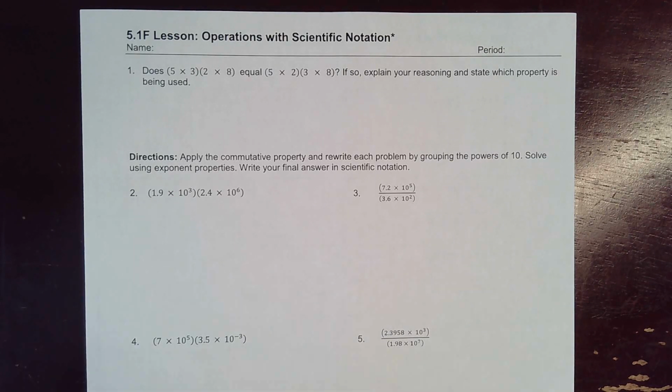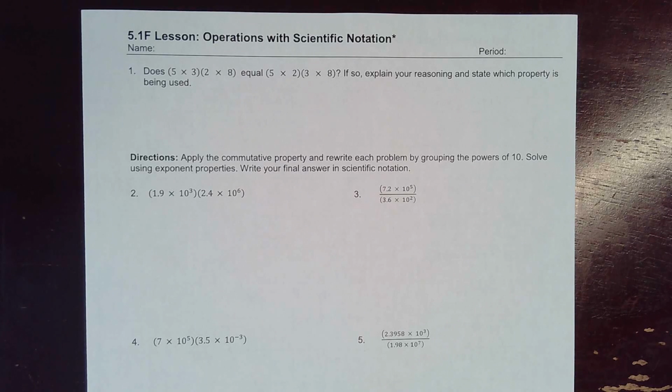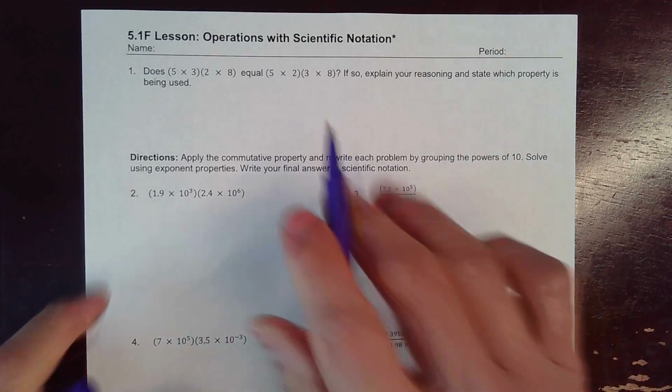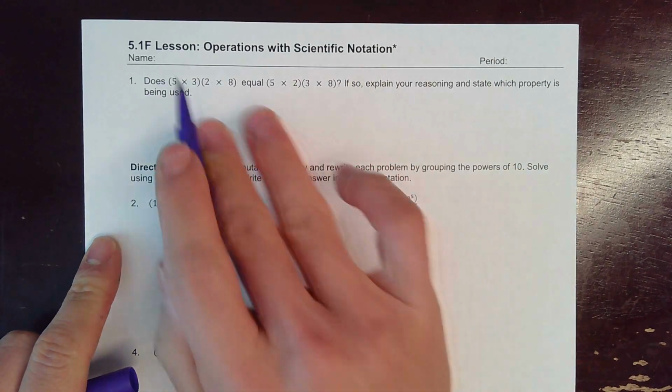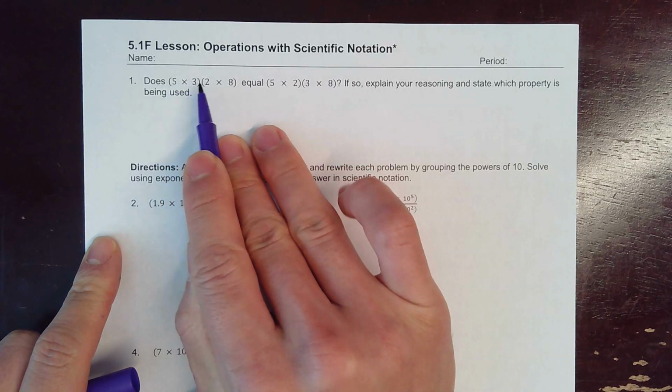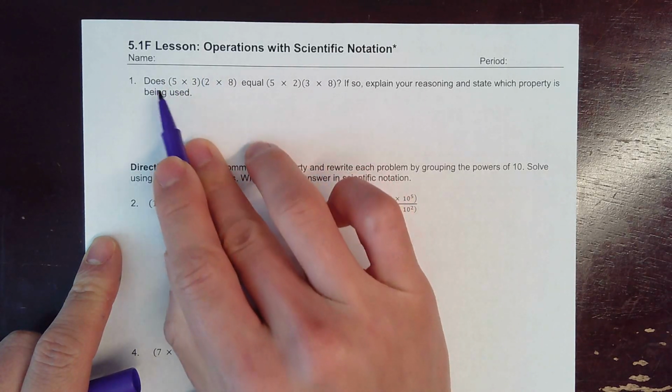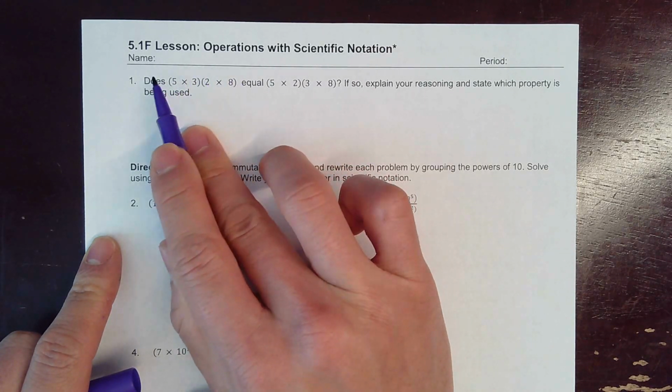Okay, so it says, number 1, does 5 times 3 in a group, times 2 times 8 equal 5 times 2 in a group, times 3 times 8? If so, explain your reasoning and state which property is being used. So the key here, class, that we should realize is every single operation in this expression is multiplication, right?